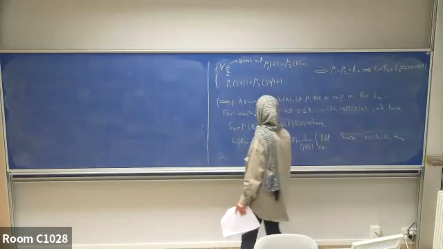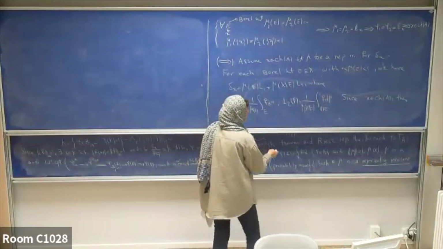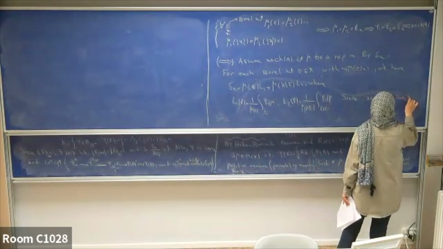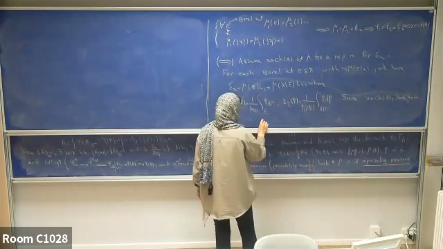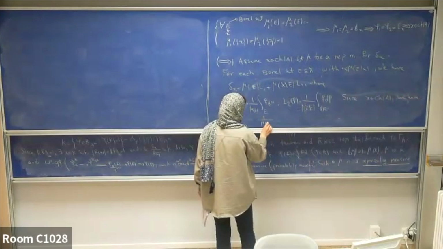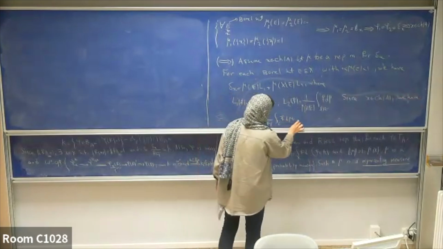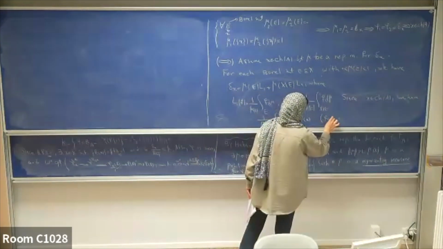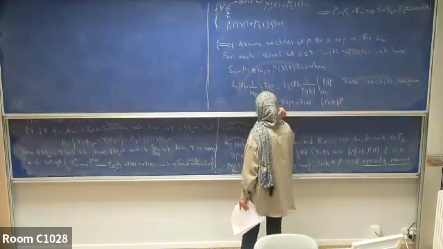I need only L1, so I write L1. Okay, 1 over mu of E times the integral of f d mu is f of x for each f in A. This is an important relation. I want to use it.